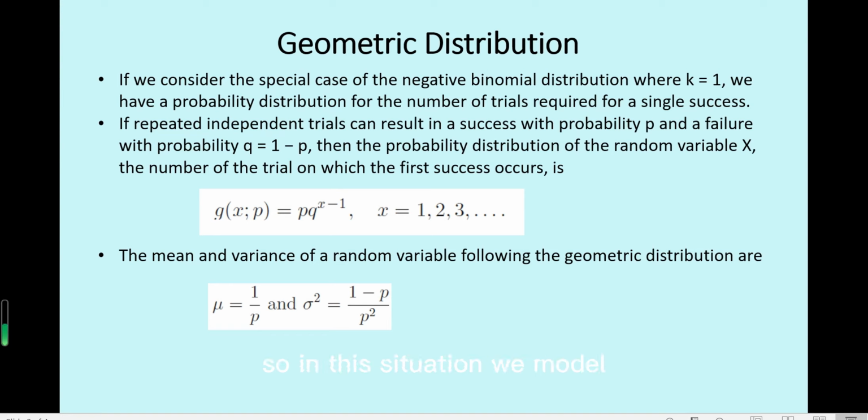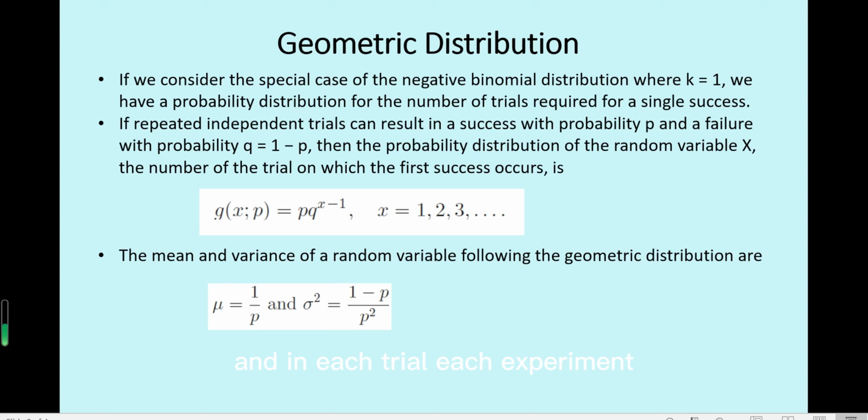So in this situation, we model how many matches it takes to get a given number of successes. In the geometric distribution, we just want to know how many experiments it takes to get only one success. So geometric gets only one success, and we want the number of experiments taken.